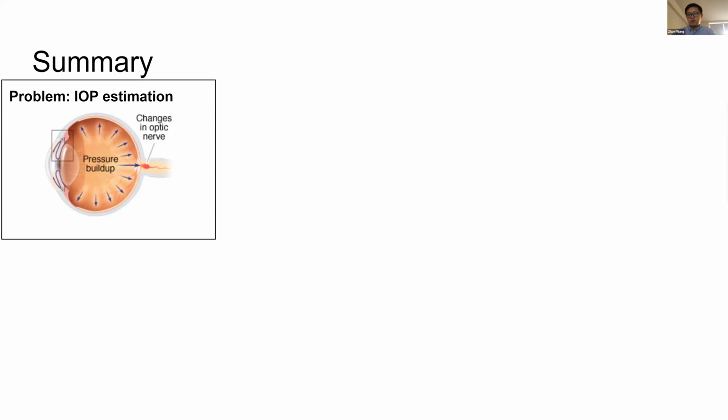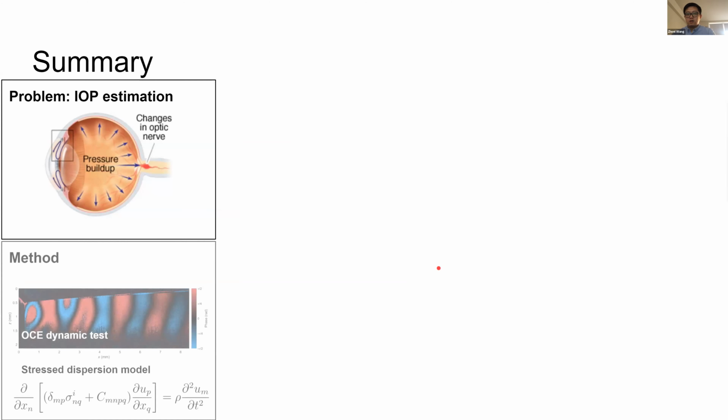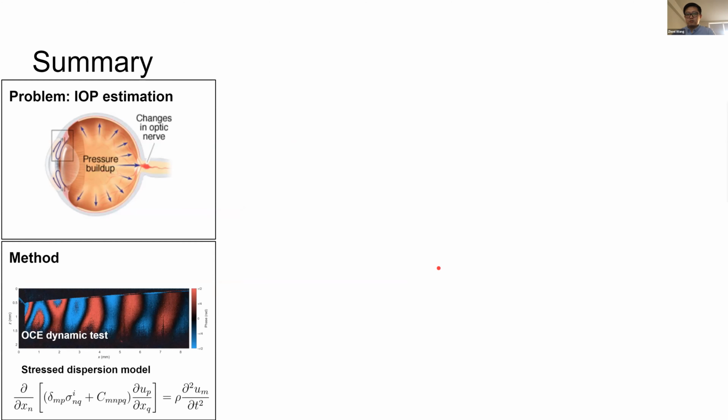And to sum up my talk, the problem is to identify the true intraocular pressure in the eye to help us diagnose glaucoma. And the method we used is based on the OCE dynamic test with a stress dispersion model.